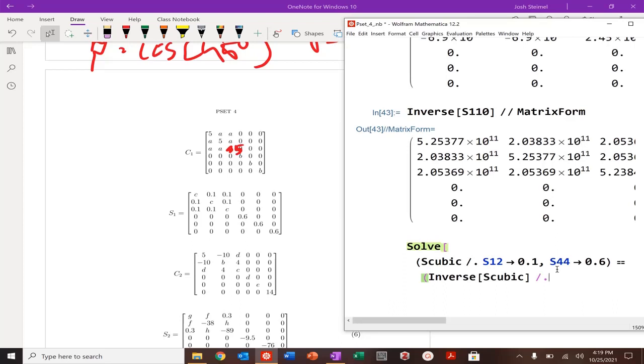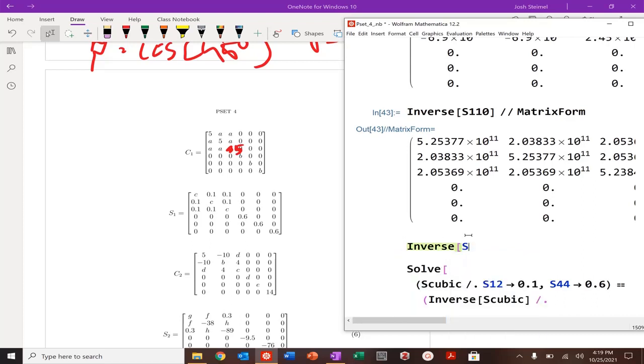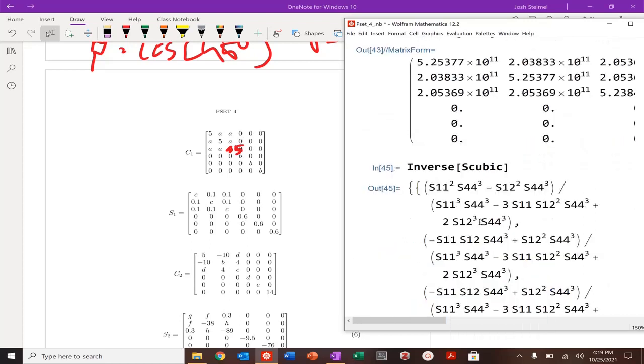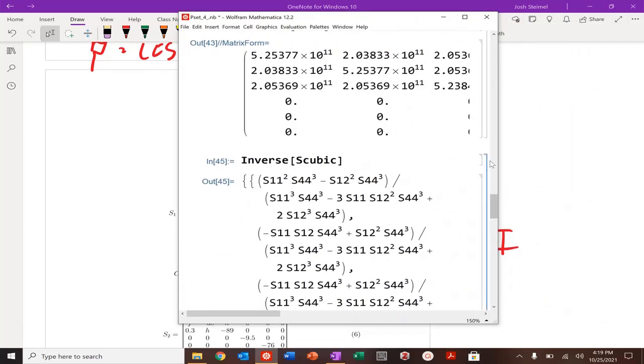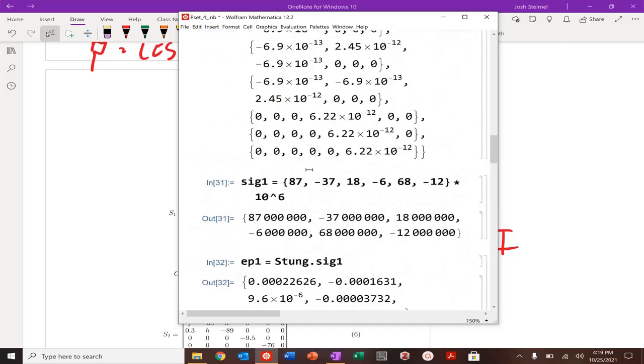Let's see if I could do this. I'm trying to see if I could do this a little bit the lazy person's way. So actually, let's look at inverse. Inverse this cubic. Yeah, now I'm going to have to do it the long way.